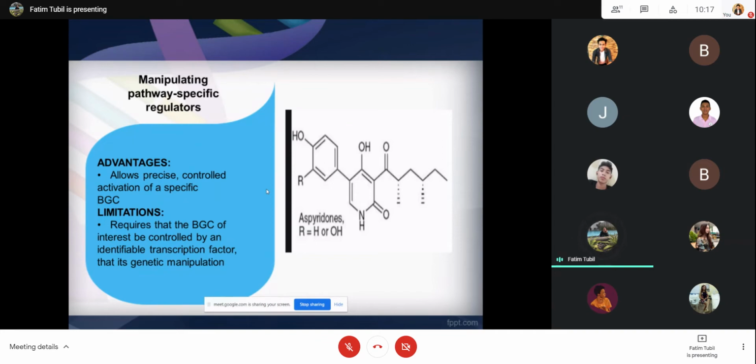fragment based design. Fragment based design involves the use of chemical fragments with a low binding affinity to the target.